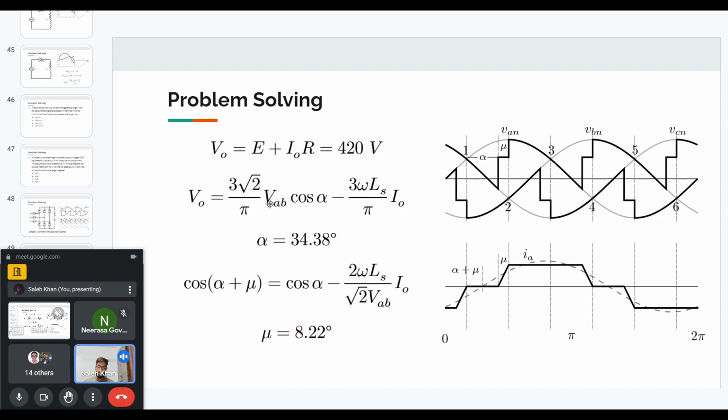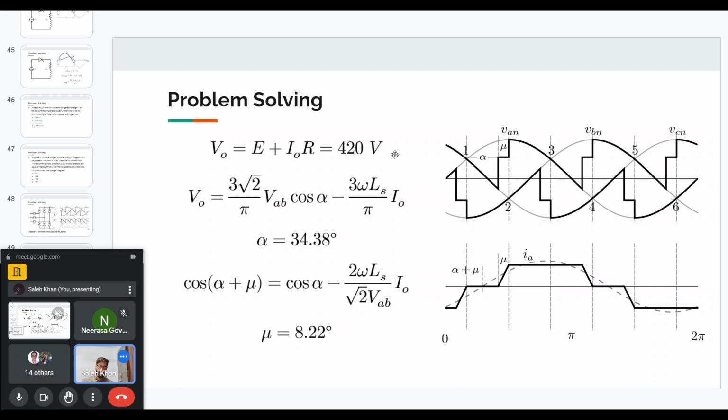The line-to-line voltage is, I think, 230 root 3 volts. Omega is 2 pi f, with f equal to 50 hertz, and the output current is 20 amperes. So in this equation we know all the values except alpha. If we substitute all the values, alpha turns out to be 34.38 degrees.